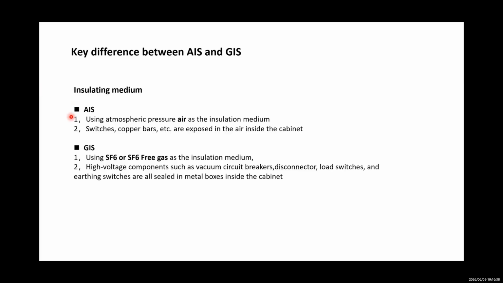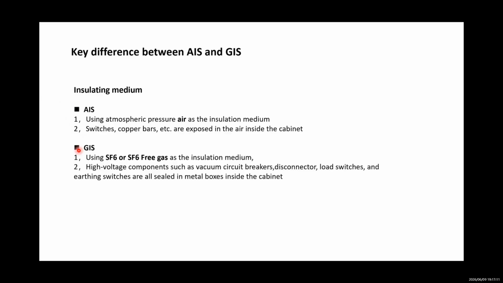For AIS, we're using pressure air as the insulation medium, and all the switches, copper bars, disconnectors or load switches are exposed in the air inside the cabinet, while GIS uses SF6 or SF6-free gas instead of air as the insulation medium.